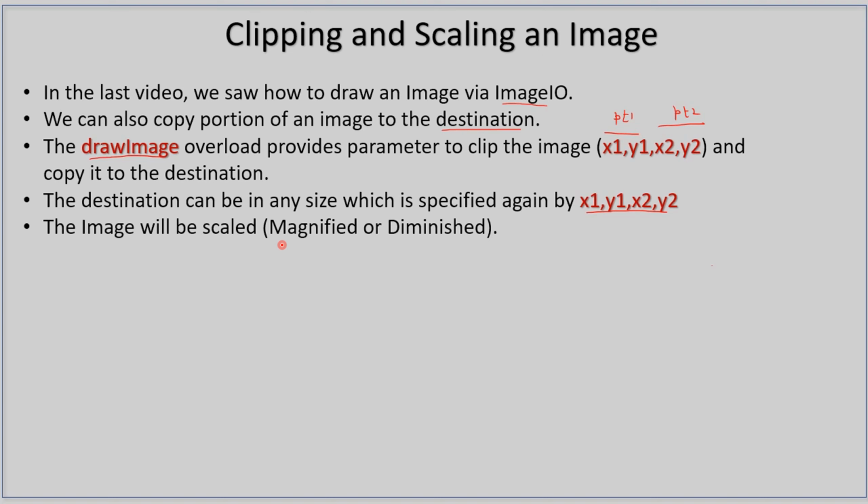The image will be scaled, that means magnified. Scaled in the sense it includes both magnified and diminished. Scaled, upscaled or downscaled. Upscaled means the image will be magnified, and in a downscale the image will be diminished and shown on the destination.